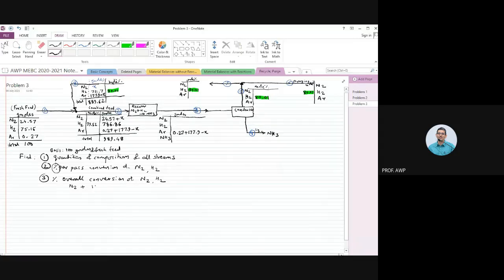Nitrogen and hydrogen react to give you ammonia. If I take 1 mole of nitrogen and 3 moles of hydrogen, I will get 2 moles of ammonia. Don't forget the stoichiometry.